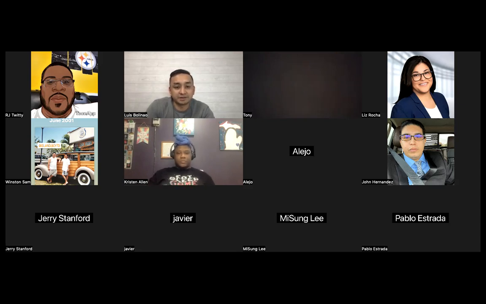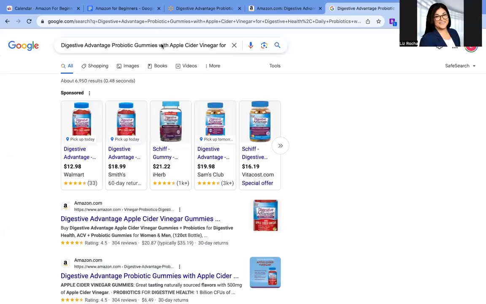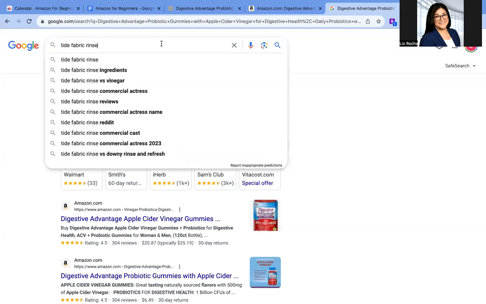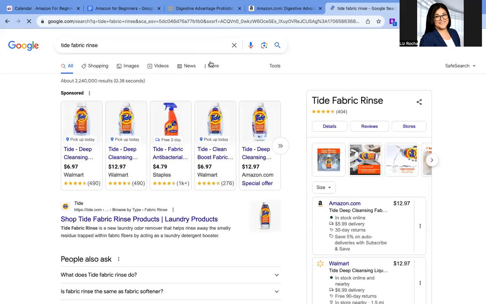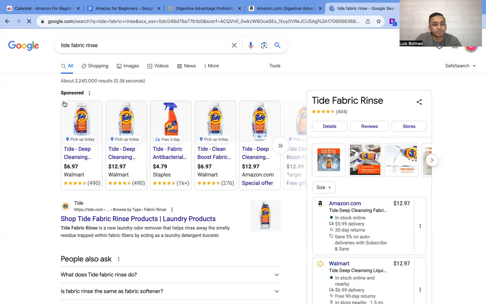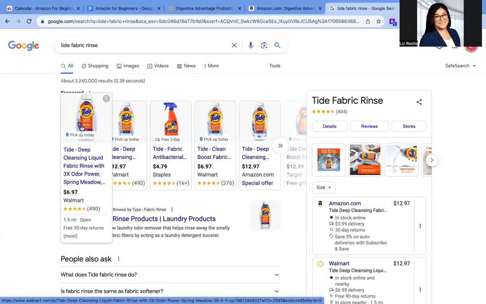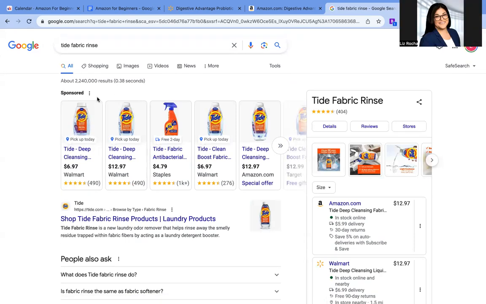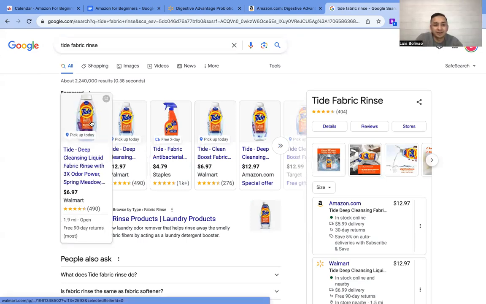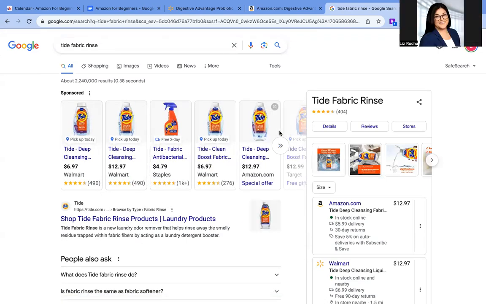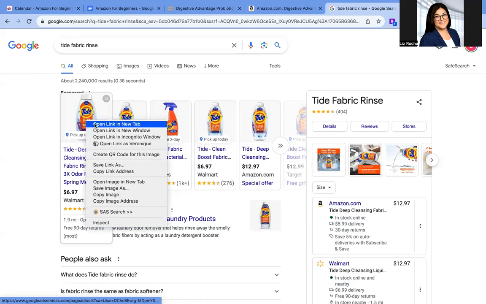Oh, you mean like find the product? Look for the product? Yeah, to check if it's a really popular product, if it's saturated, and to show how to use the actual software. Is it this one? Yeah, like any of the first two.